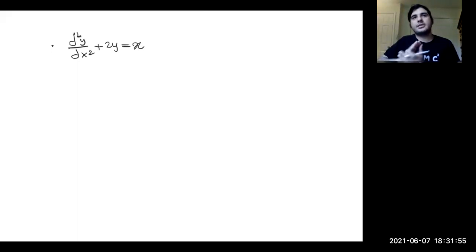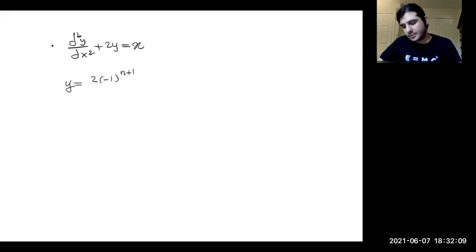Okay, so why is y satisfying this equation? We can now see, if we just look at the interval from minus pi to pi, we would get a solution of this sort. It would be the sum from n equals 1 to infinity of 2 times minus 1 to the n plus 1 over n times 2 minus n squared, times sine of nx.